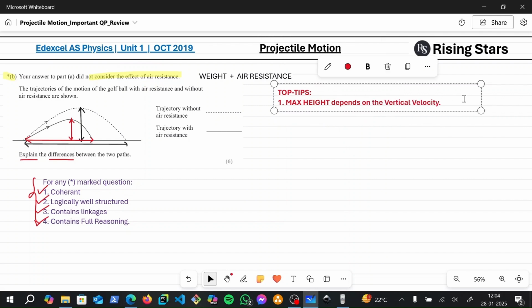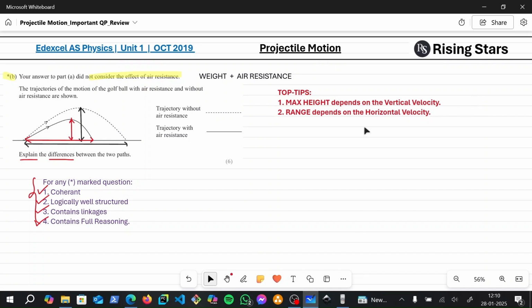Range depends on the horizontal velocity. So if the vertical velocity changes, the max height will change. If the horizontal velocity changes, the range will change.